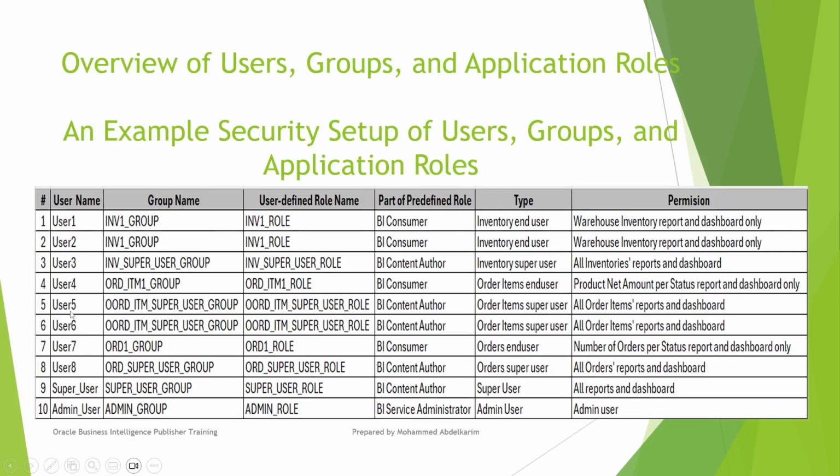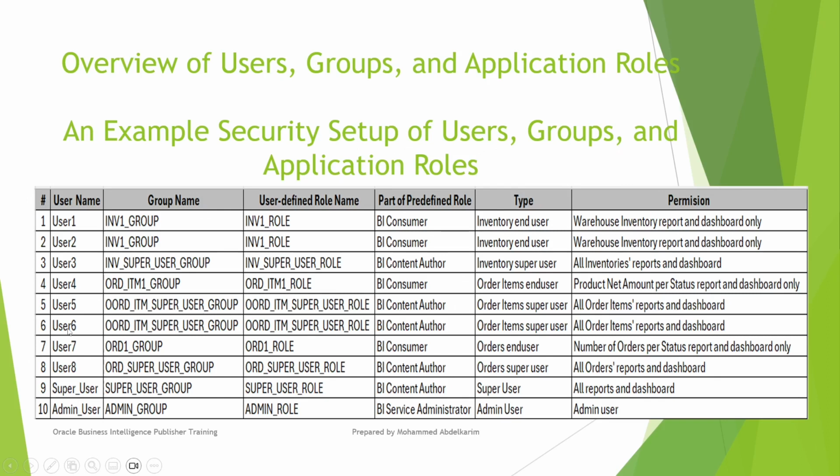The next user, user 5, is in the order item super user group, will be part of the order item super user role, and a predefined role will be BI content author. He is order item super user. He can check all order items, report, and dashboard.